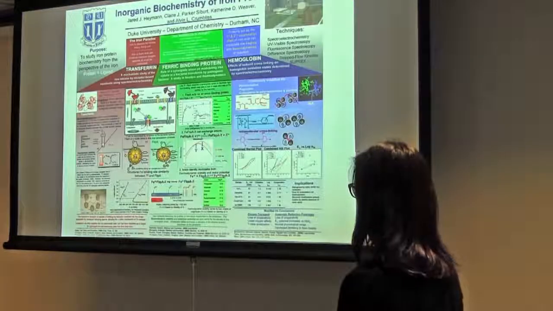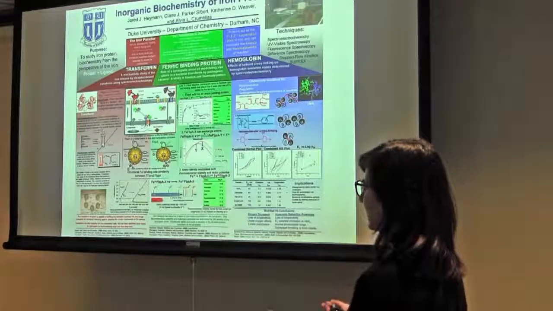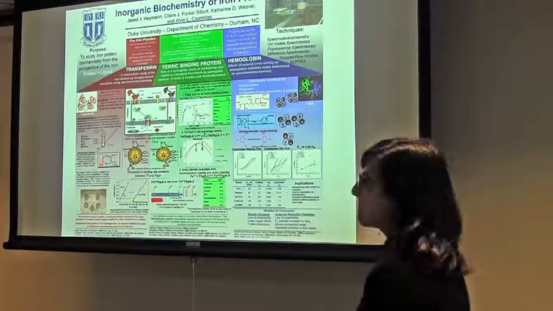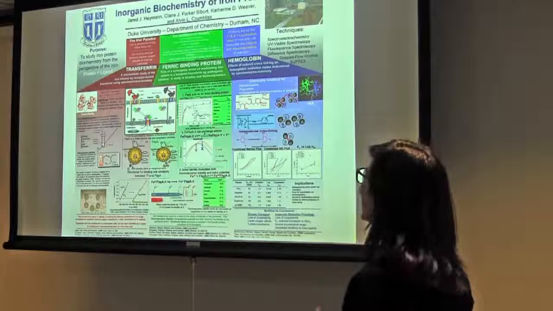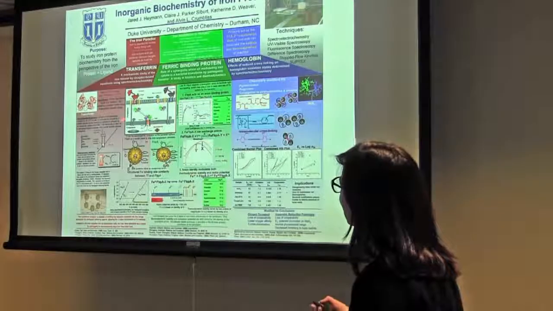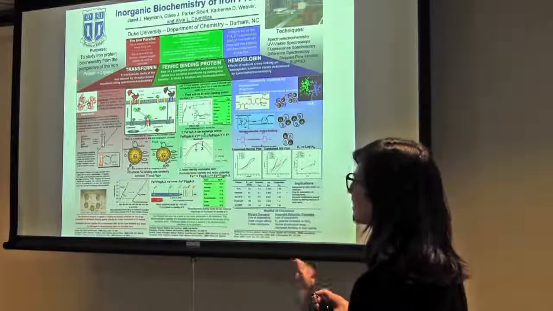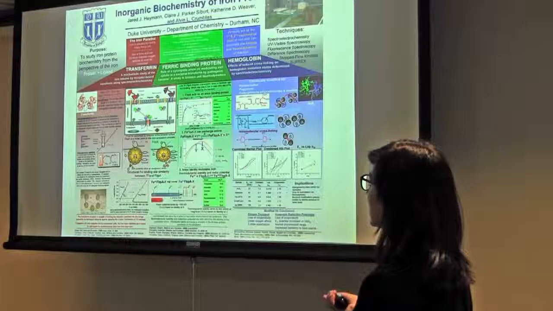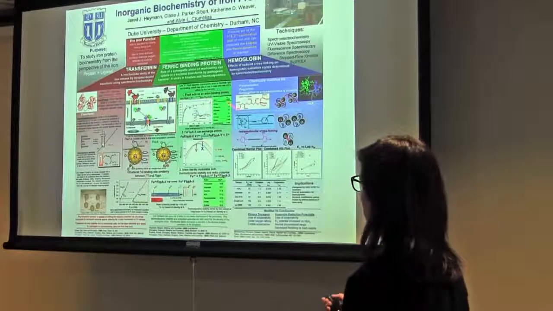We have this one as well. I think it looks stressing to me. Maybe it's because I'm not a chemist, but it has a purpose or aim here. You have some techniques, which would be methods, but apart from that, I don't know.